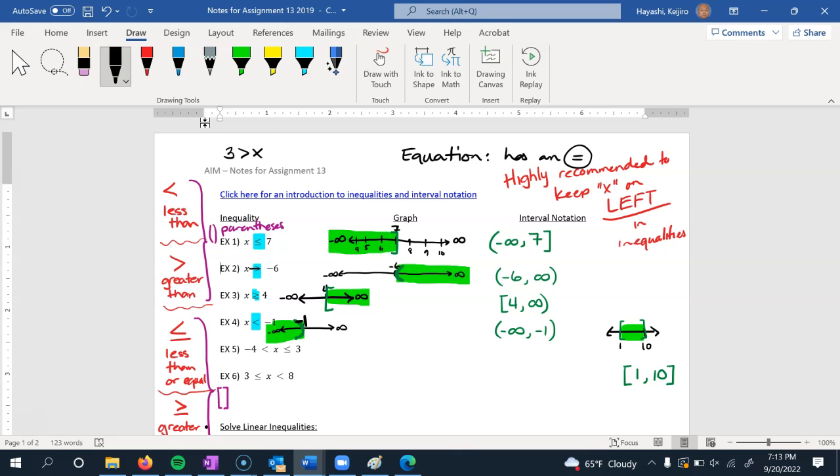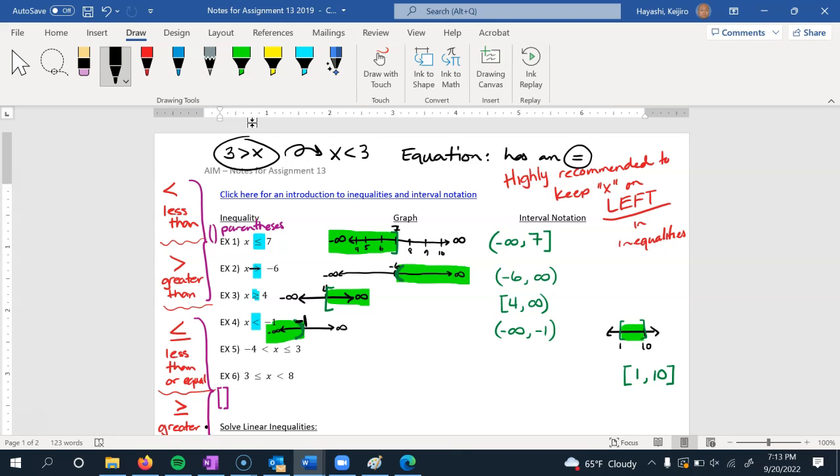It's much easier to flip this around and say x is less than 3, right? X is all the numbers that are less than 3. It means the same thing as x is all the numbers that 3 is greater than, but x is less than 3 is so much easier to think about.